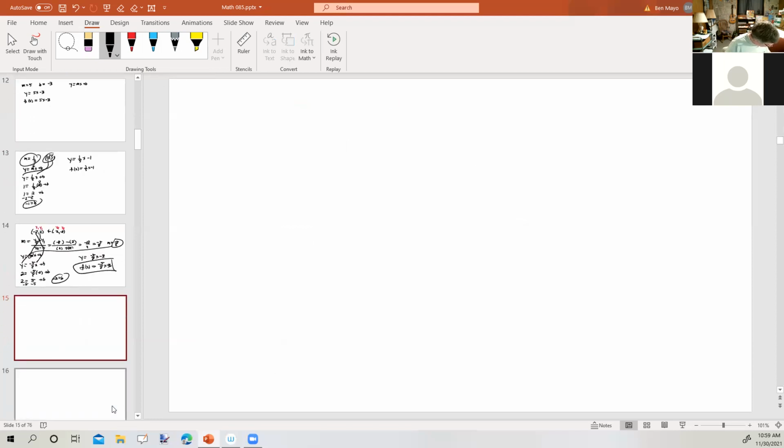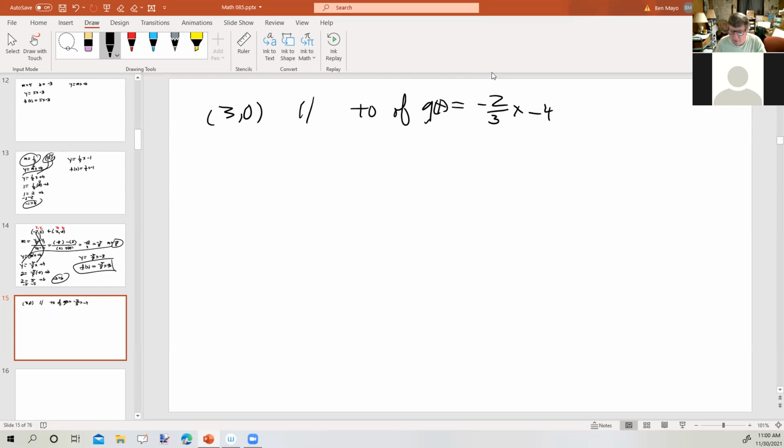Write an equation with given characteristics. It passes through the point (3, 0), and it's parallel to the graph of g of x equals -2/3 x minus 4. Parallel lines have the same slope. The slope of g is -2/3. So the slope of the function we're trying to find is also -2/3. So y equals mx plus b. That's going to go in there.